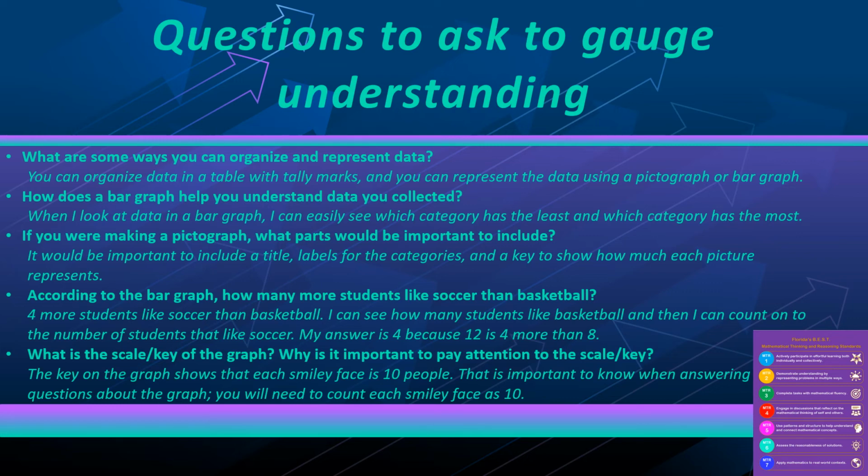Also, students may misrepresent the count for each data point. They may miscount the number of pictures in a pictograph or misread the height of a bar in a bar graph. And they may think that one picture of an item in a pictograph represents only one item. These are not the only misconceptions that students may encounter.